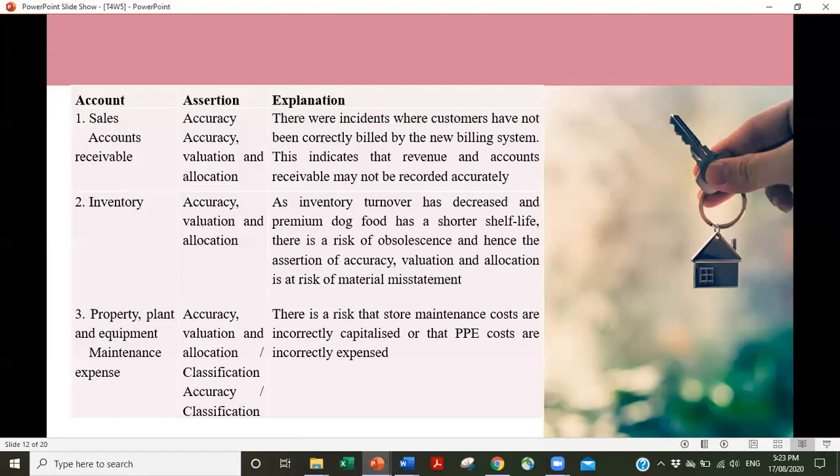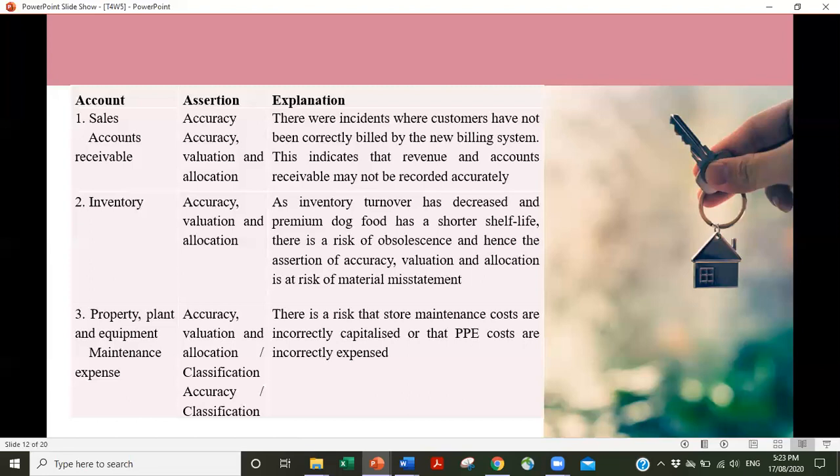The second thing that is identified here is the inventory. So inventory turnover slowed dramatically, and there's this issue about the short shelf life. Now, if there's an issue of short shelf life, that means that you might have obsolete inventory, so that the figure that's in your accounts would possibly not reflect the lower of cost or net realisable value.